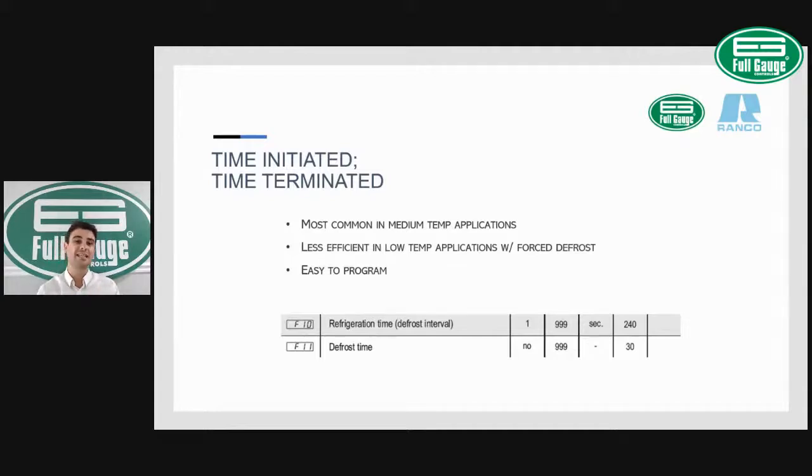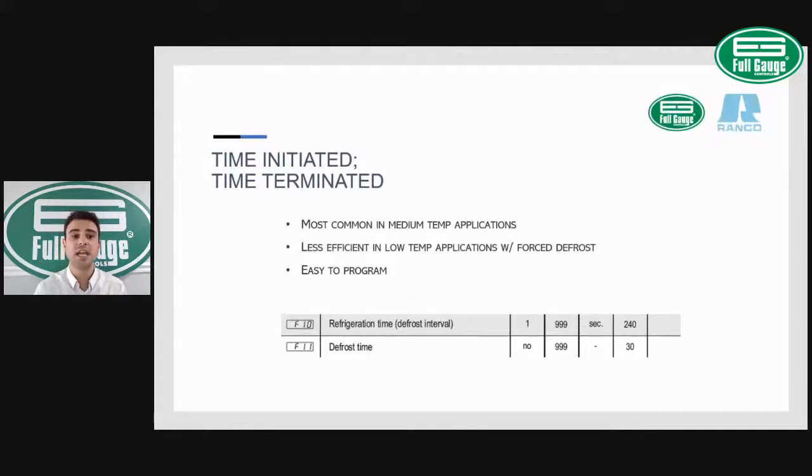This time-initiated, time-terminated method is less efficient in freezer applications, when you have another defrost element on the system. For example, with electric defrost, you don't want your heaters running for 20 minutes if those 20 minutes are unnecessary. You want to cut that defrost cycle when the coil temperature has reached a certain temperature.